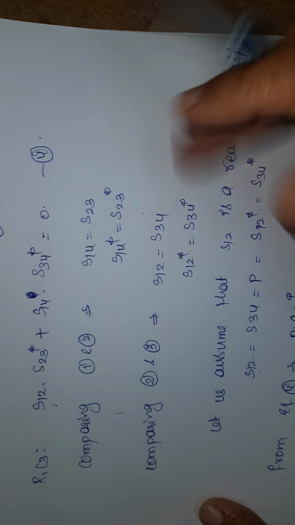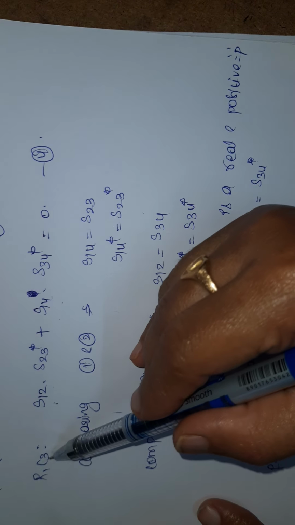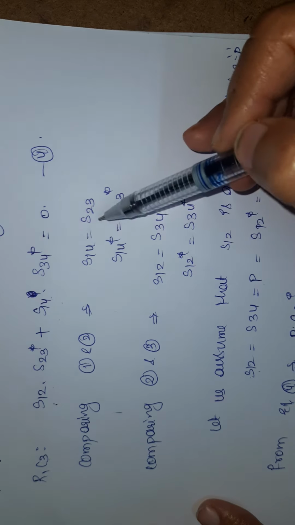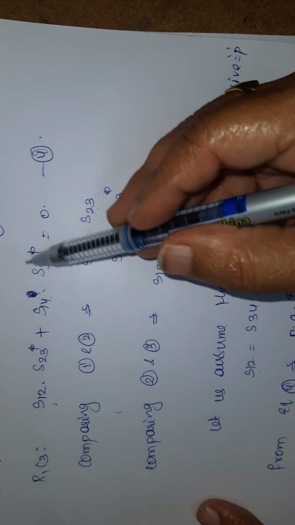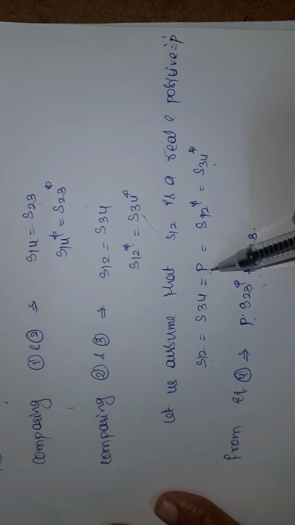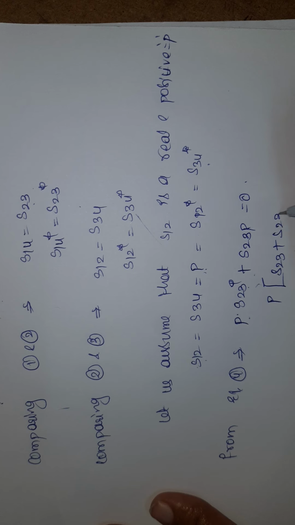S14, it is not S14 star, it is S14. If we see R1 C3, S14 is nothing but S23. So S23 into S34 star. S34 star can be written as P, is equal to 0. So take out P common. I am having S23 plus S23 star equal to 0.